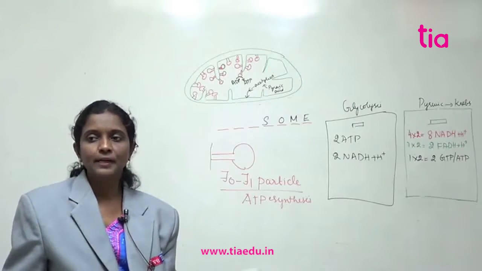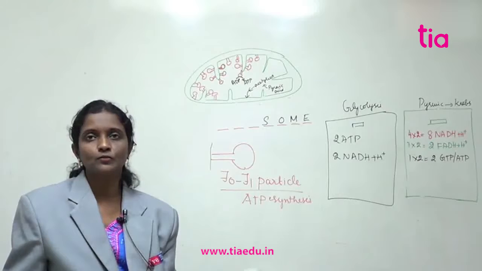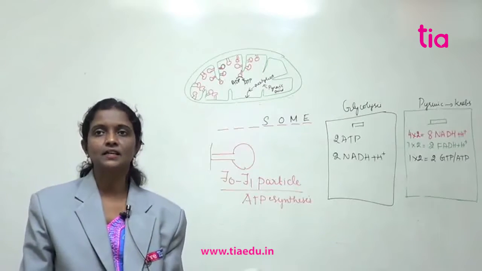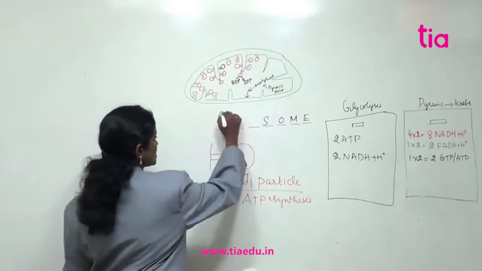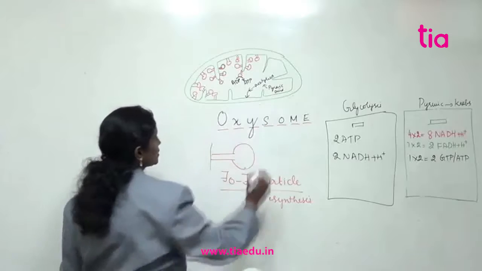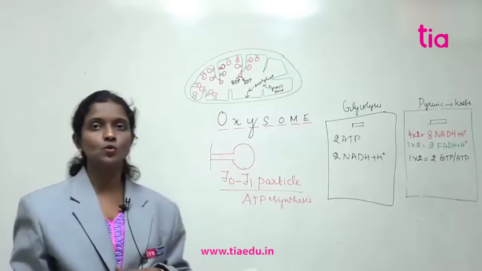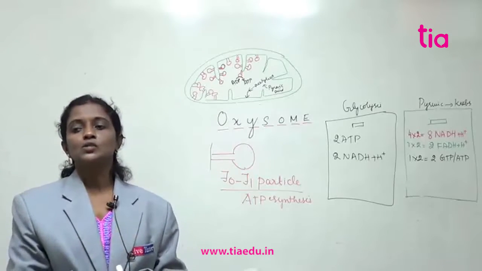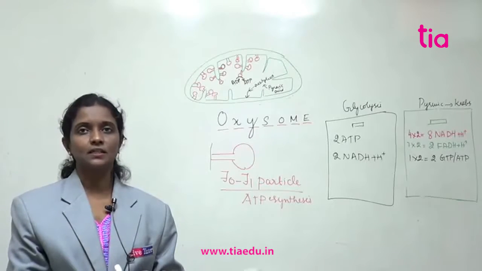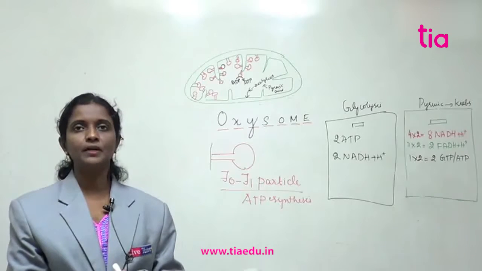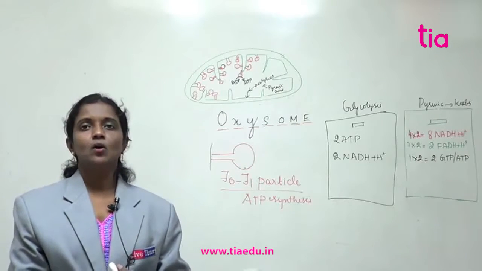The inner membrane of mitochondria is filled with F0, F1 particles, wherein, yes, fantastic answer there. Oxysomes is the answer. Oxysome, Kamraj, very good. So oxysome is another name for the F0, F1 particle present in the inner membrane of mitochondria.